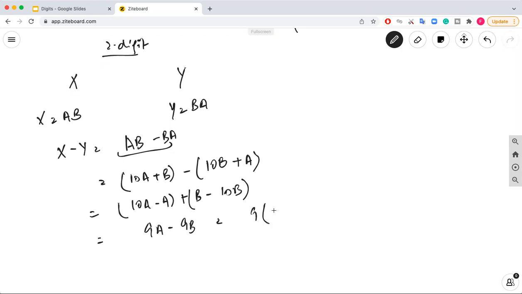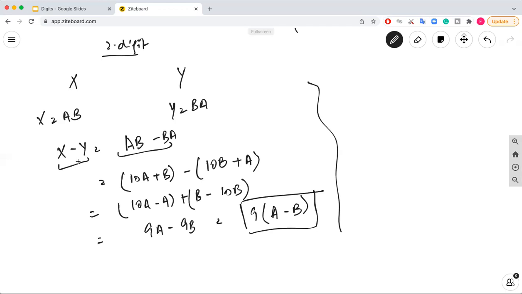So this will be 9 into A minus B. Based on this, we can infer that if we subtract two integers in which the digits are just inverse, because we have AB and in the other case we have BA, whatever the result is will just be a multiple of 9.